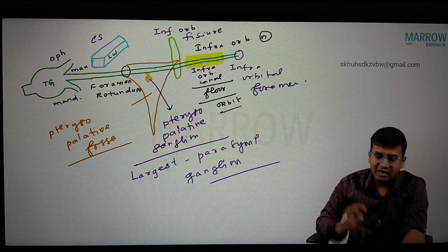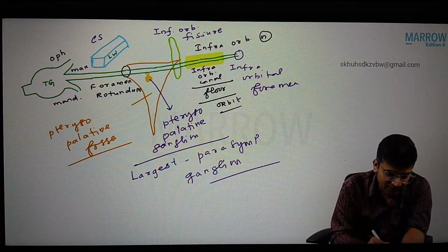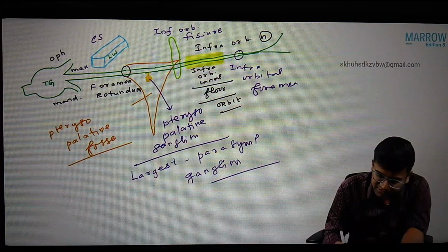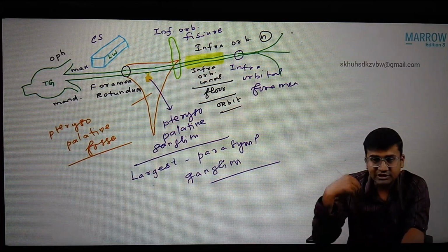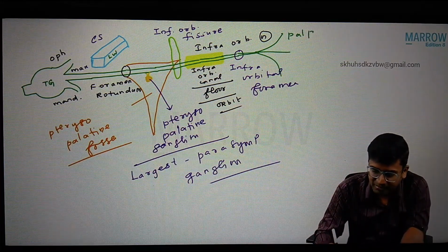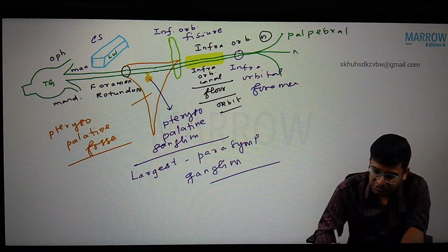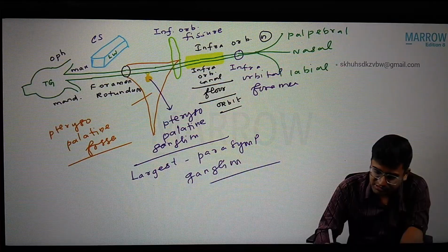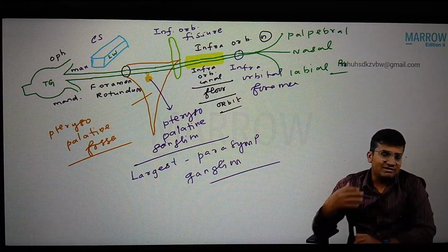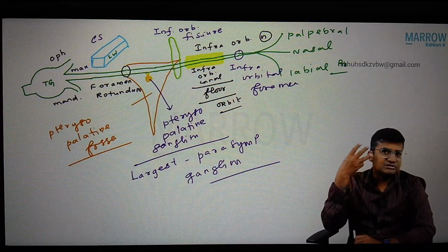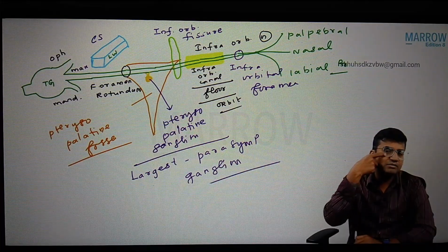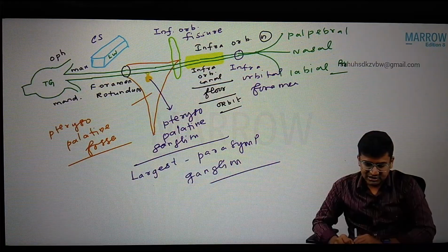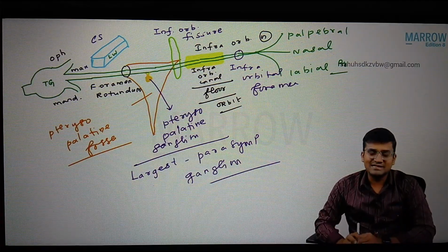After coming out of the infraorbital foramen, it gives three terminal branches: one to the lower eyelid, the palpebral branch; one to the nose, the nasal branch; and one to the upper lip, the labial branch. Okay, right. Now this is the course of the maxillary nerve.